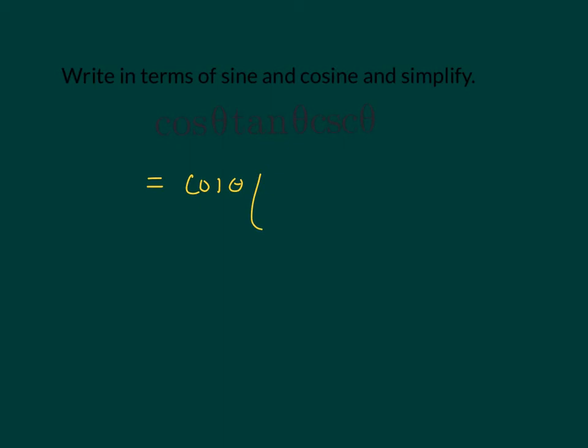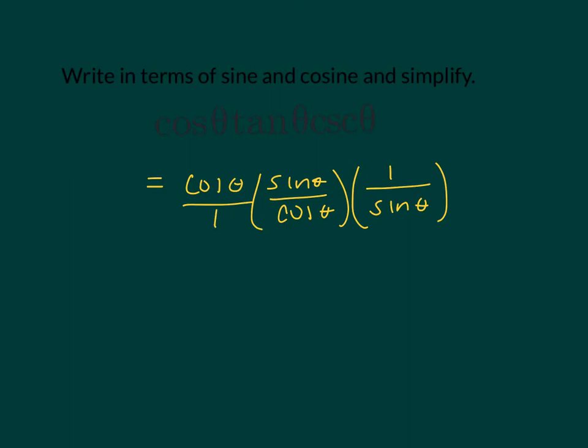Tangent we rewrite as sine over cosine, and then cosecant is the same as 1 over sine since it's the reciprocal of sine. It might help if I change my cosine to cosine over 1. But then we can just see our cosines are going to cancel out and our sines are going to cancel out. And it simplifies very nicely to 1.